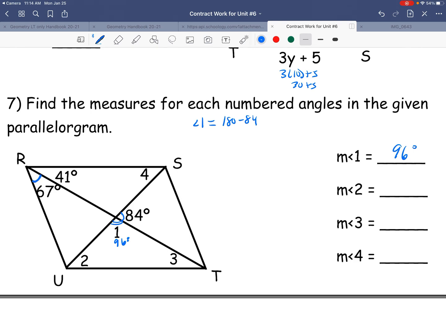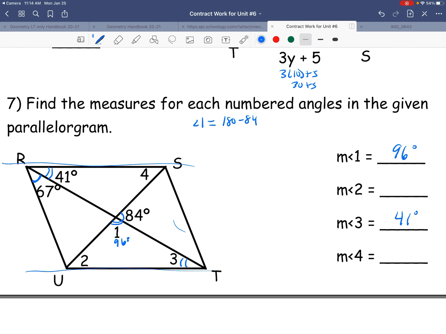Here we've got 67 degrees. This is 41 degrees. Because opposite sides are parallel, 3 is also 41 degrees because 3 and the 41 are alternate interior. So I'm going to put 41 degrees down here.